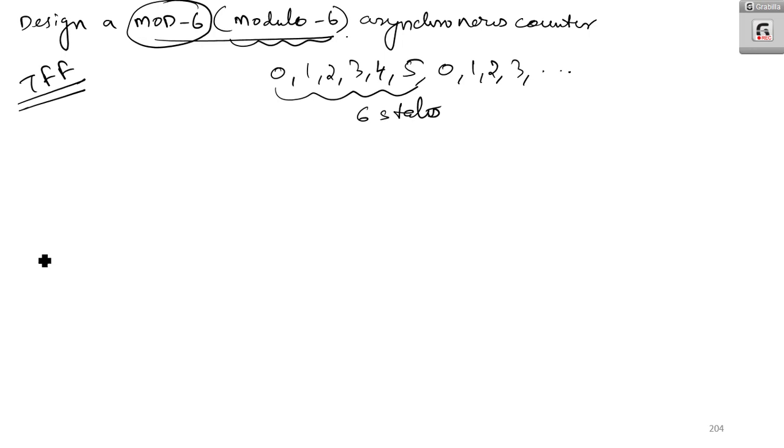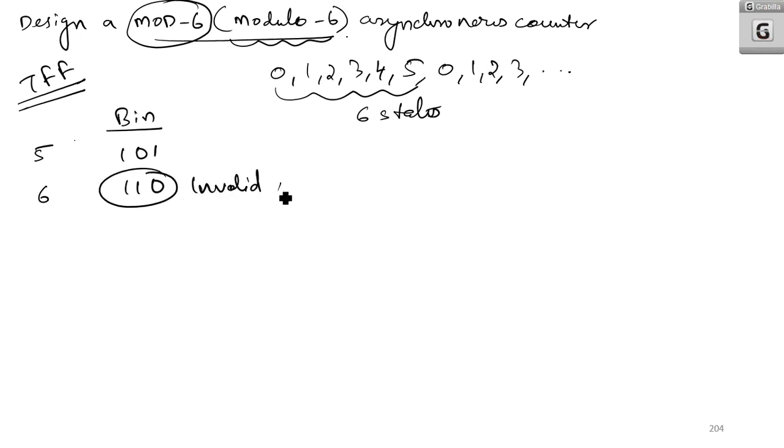Now, let me come to the concept of this mod 6 counter. With 6 states, the final state is 5. If you are finding the binary equivalent of 5, you have 1, 0, 1. Now, when it reaches 6, it should be 1, 1, 0, but 6 is an invalid state.